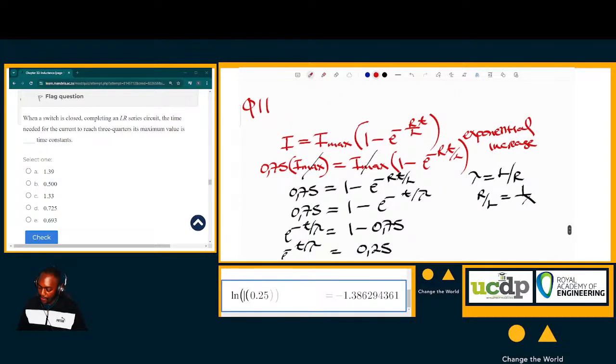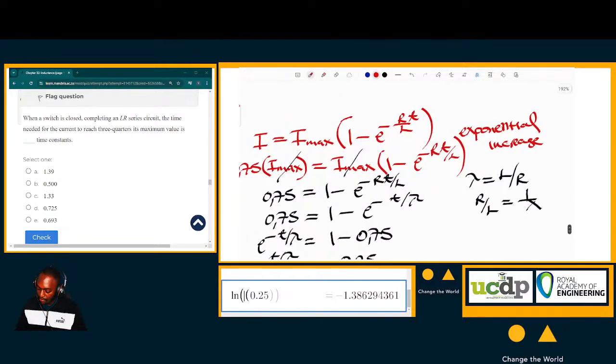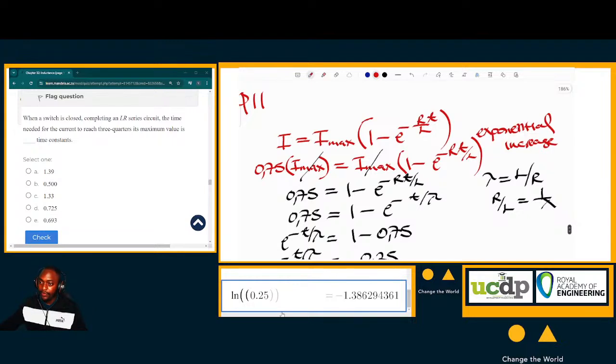Okay, all right. I'll start from where I put the equation. Basically, we are saying that for an inductance resistance circuit, when the circuit is completed, we expect an exponential increase in the current.